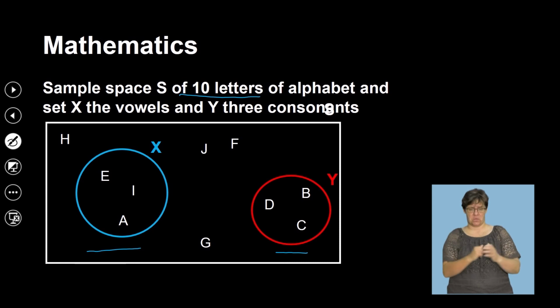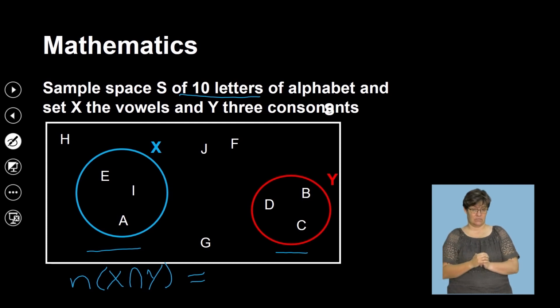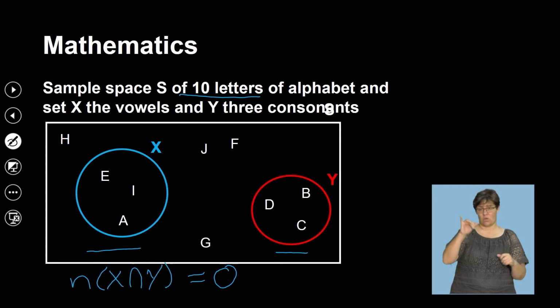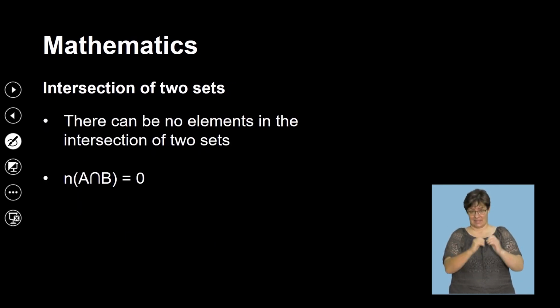There is no intersection between X and Y. We would have to say that the number of elements in the intersection of X and Y is going to be 0. Okay? The number of elements in the intersection is 0. There is no overlap in this space.